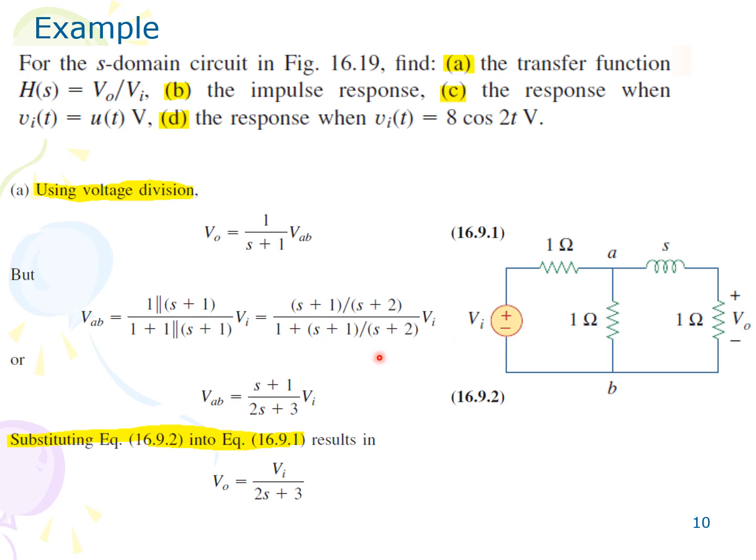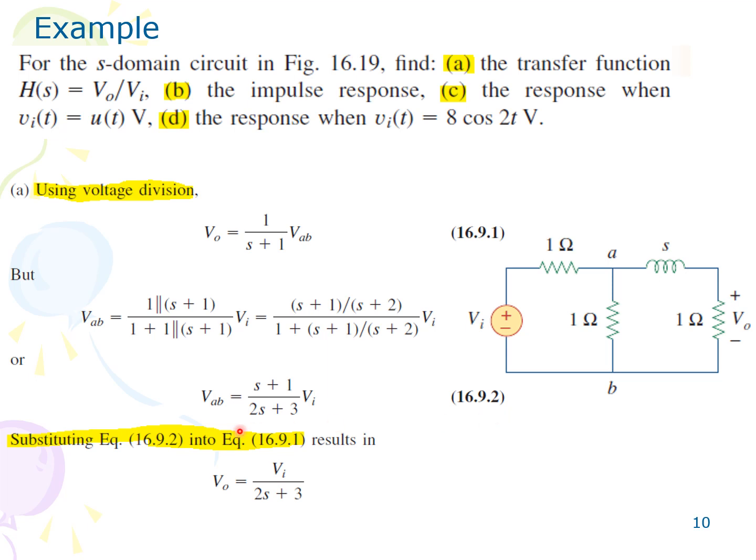Now VAB can be written as S plus 1 divided by 2S plus 3. If we take the LCM, S plus 2 will cancel out, and the simplified equation will be equation 16.92.